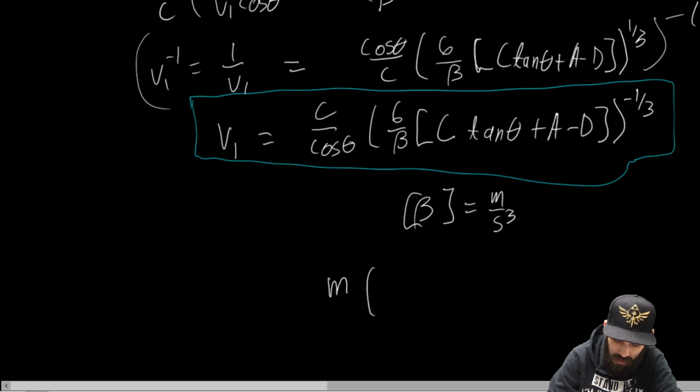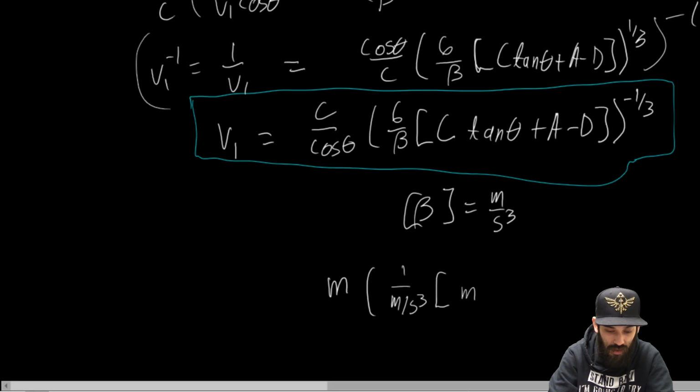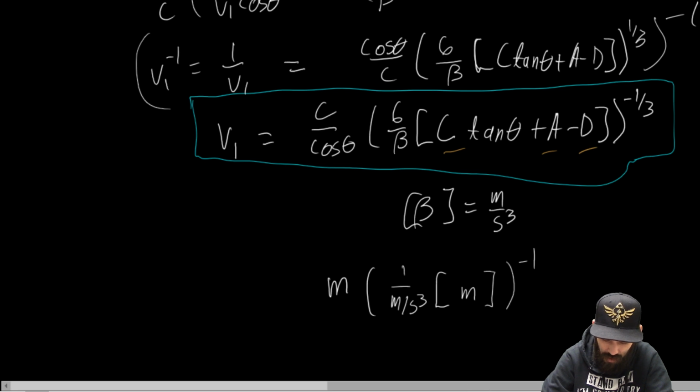This is going to be units of meters per second cubed. And there's a 6 there, don't care about it, but I'm going to put that in the denominator, times units of meters, because everything in this portion right here has units of meters. And then let's raise the whole thing to the minus 1/3.